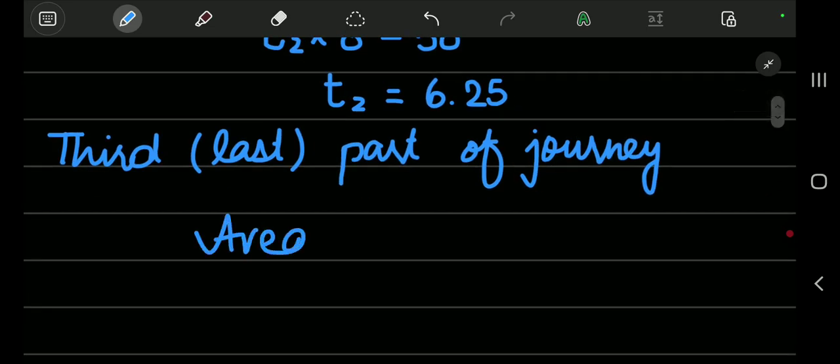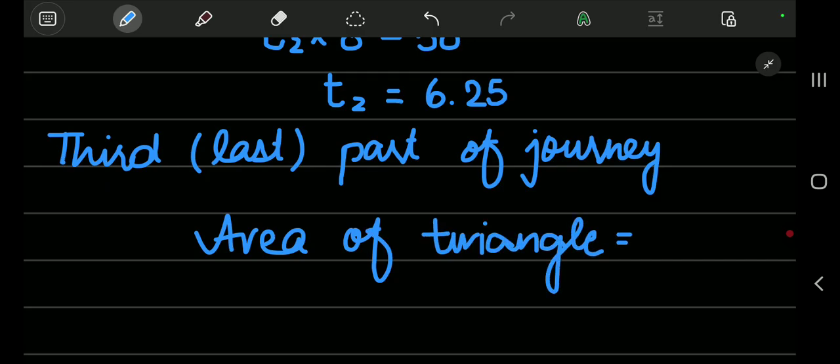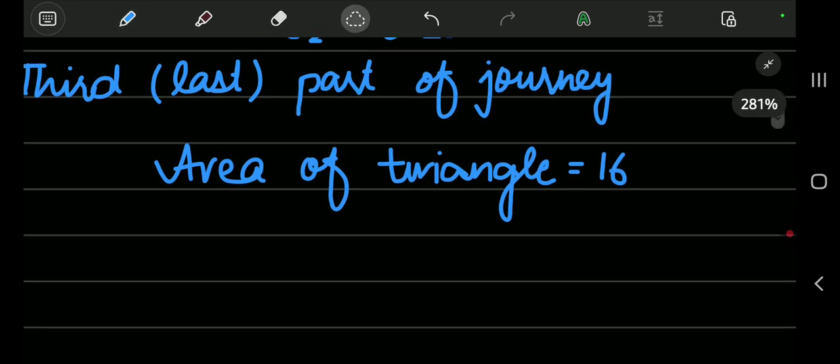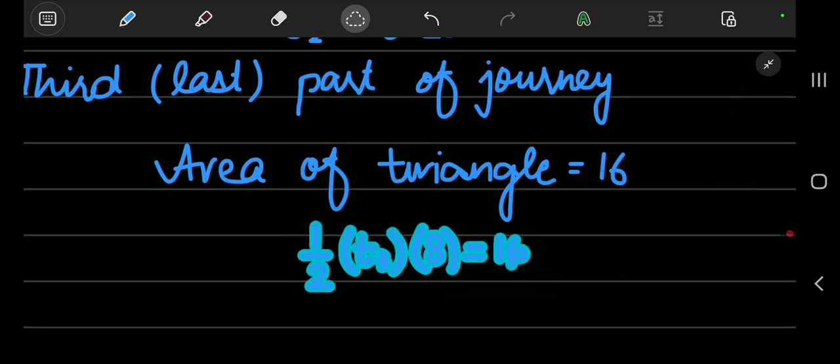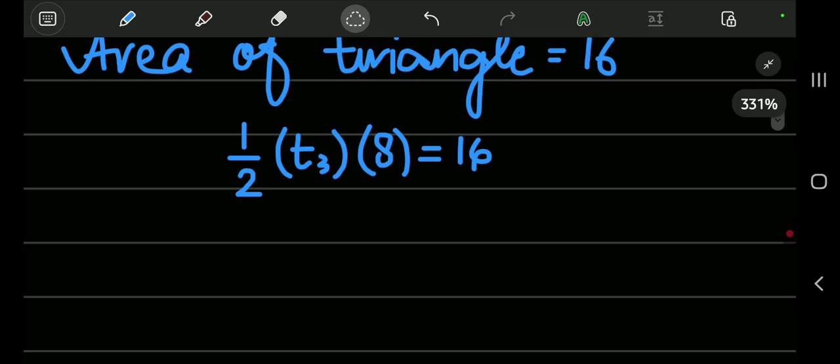Area of triangle. So we have T3 to be 16 times 2 divided by 8. So we get it to be 4.